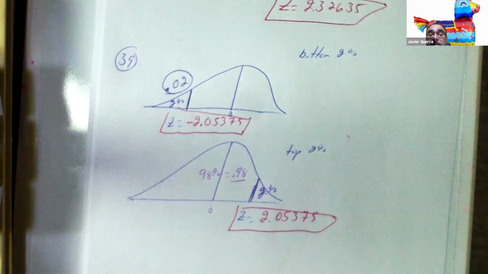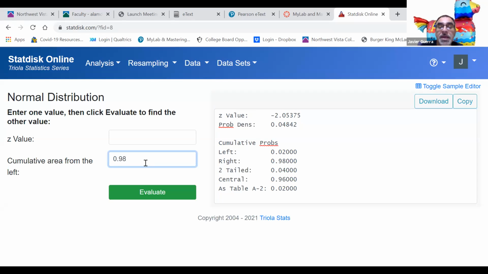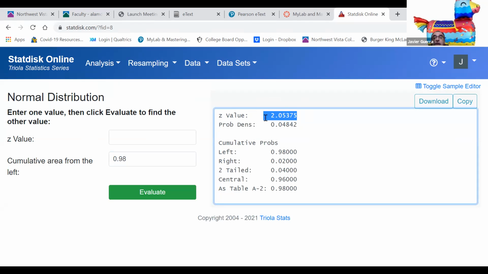If I put 0.98, boom. You get the same answer.